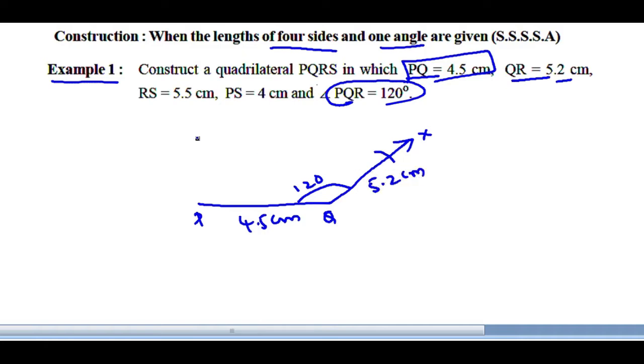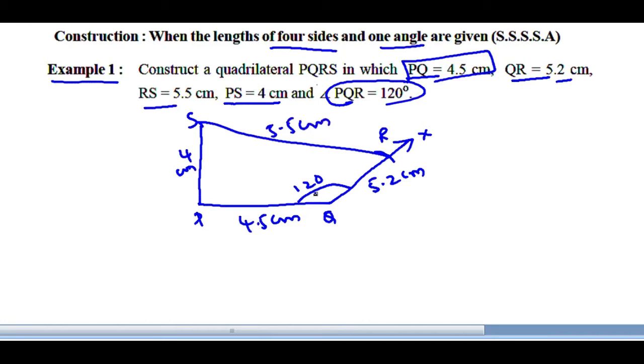Then we need to draw P to S, 4 centimeters. Here we already have P, so you draw P to S, which is 4 centimeters. And after that we have the length for R to S. This is the point R, so we draw R to S with 5.5 centimeters. So this is the rough sketch for the given question.